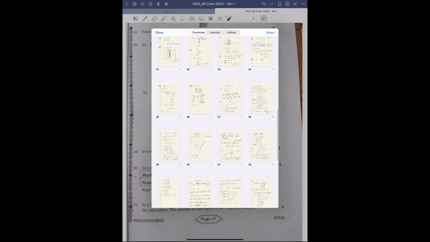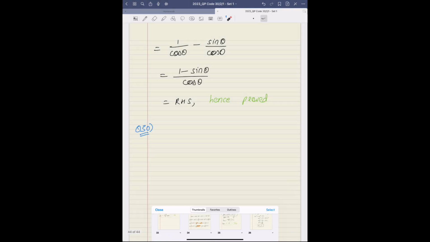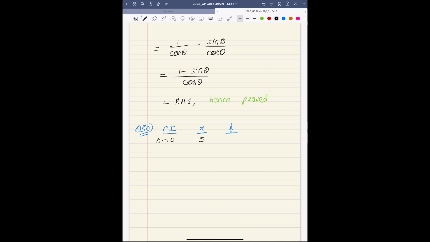So let's make a table. Table is important here, right? You write CI, you write X, and you write frequency. So the first is 0 to 10. What will be the class mark? It will be 5. People who don't know how to find class mark, add the lower limit plus upper limit, divide by 2.